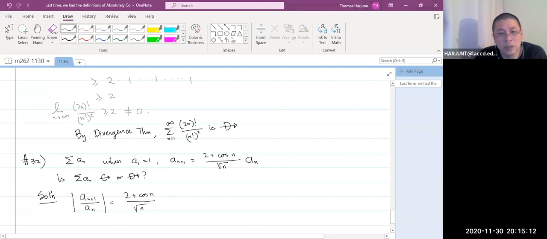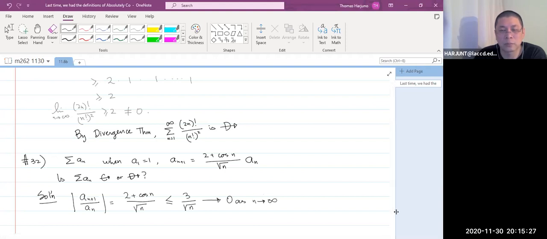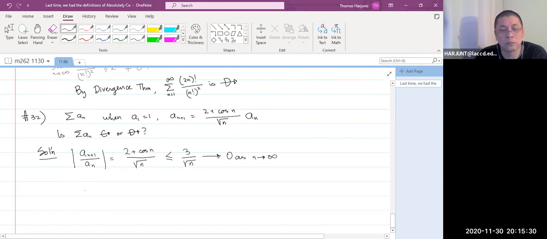Right? This is less than or equal to 3 over square root of n, which converges to 0 as n goes to infinity. So this series is convergent. In fact, you can say it is absolutely convergent.